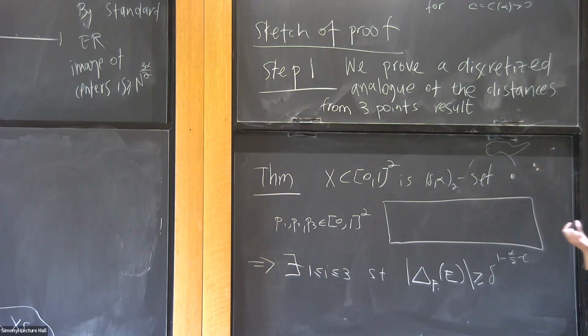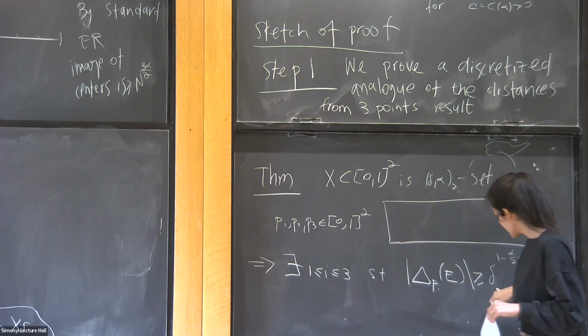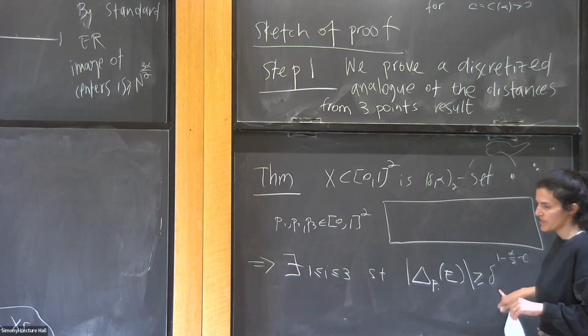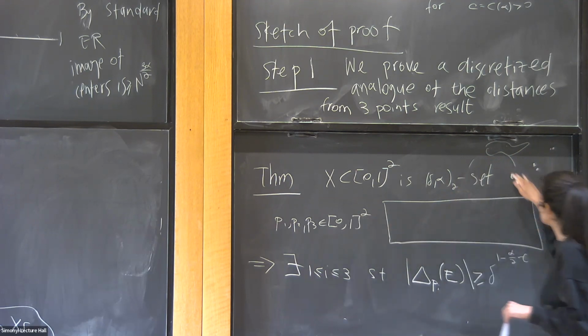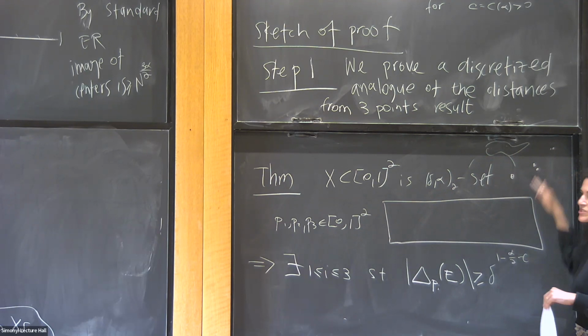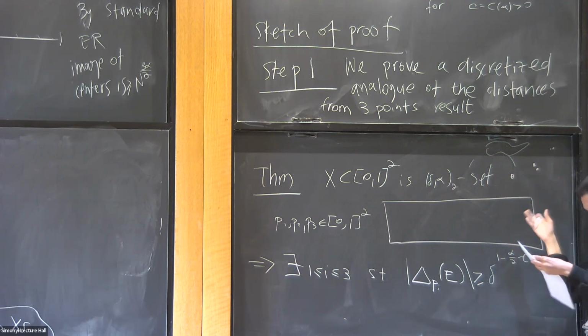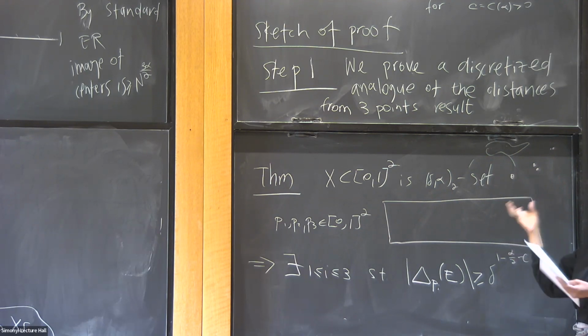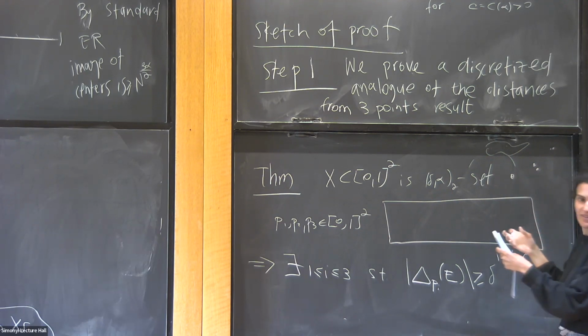So if we can't take delta to be as small as we wish, we'll need to say something about these 3 points not being too close to being collinear. So the condition here is that the triangle has a certain area.